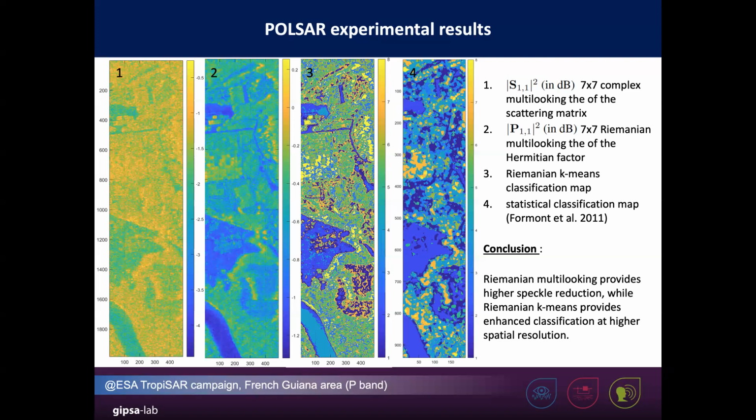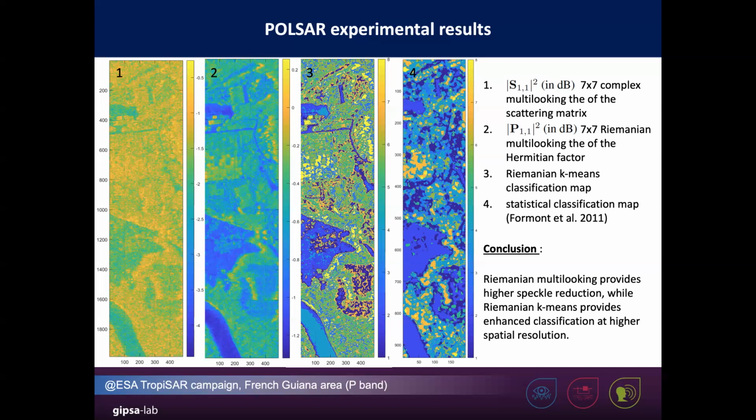So we compute the sample covariance matrix using an initial 2x2 estimate, and then we apply a 7x7 complex multilooking, and then we perform classification. We notice very clearly that the algorithm which I have presented today exhibits a lot better preservation of information, and also details are very well preserved.